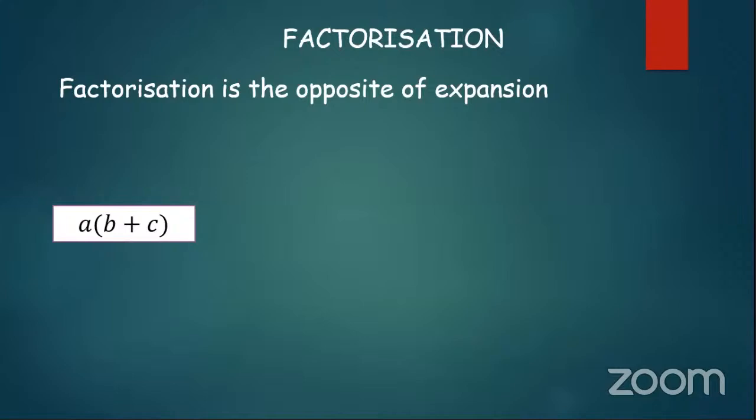By show of hand. Yes, Nabukenya. AB plus AC. Yes, Johnson. AB plus, okay. Margaret. We get AB plus AC. Thank you.